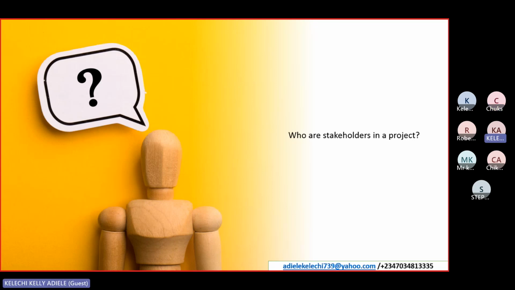Great. So thank you very much. So basically, you have given me an example of who stakeholders are, and from your explanation, you can see that the group of people you called, they all have an interest in the business, directly or indirectly.